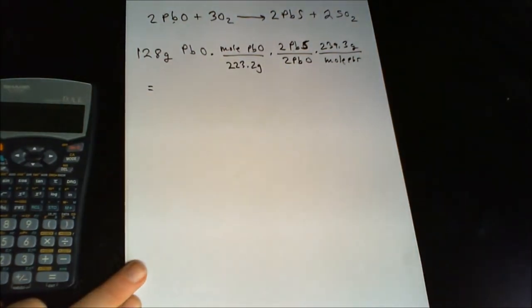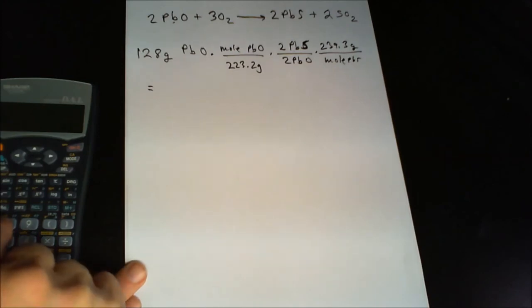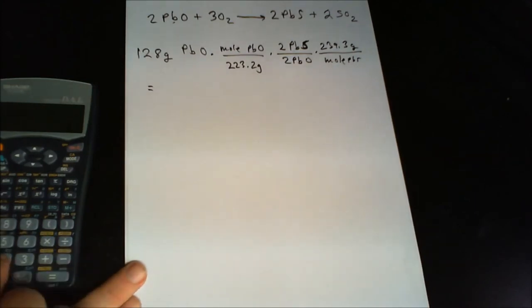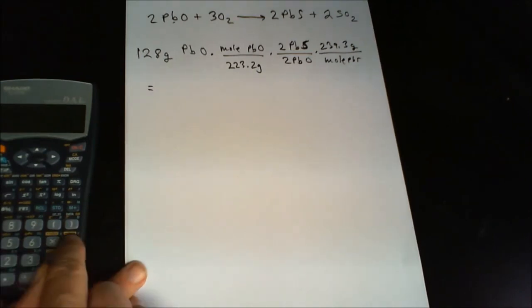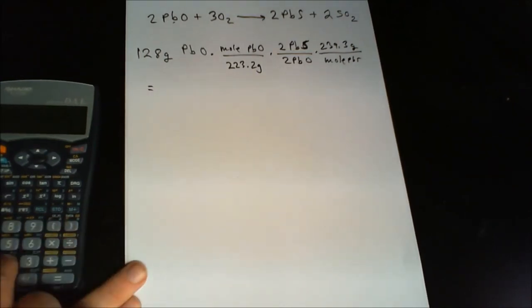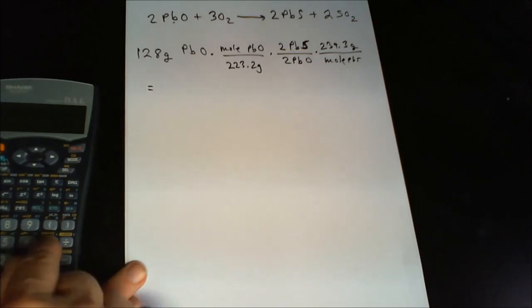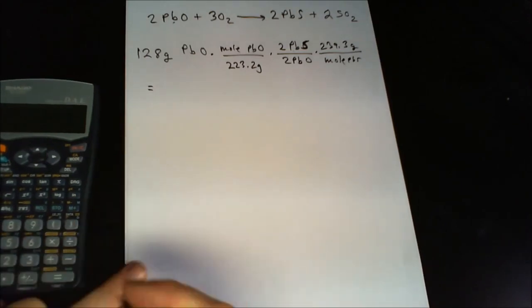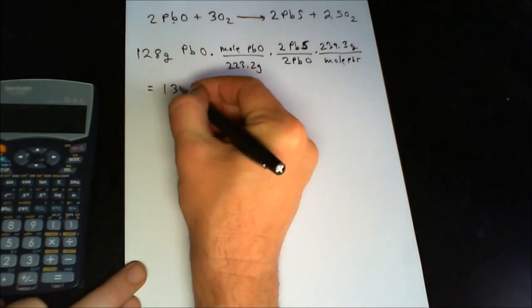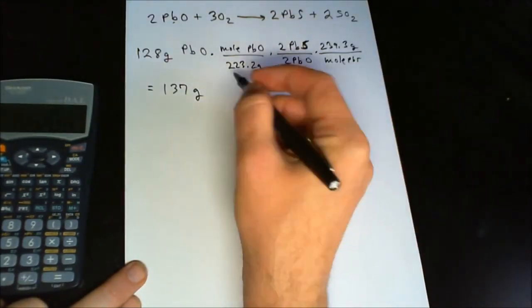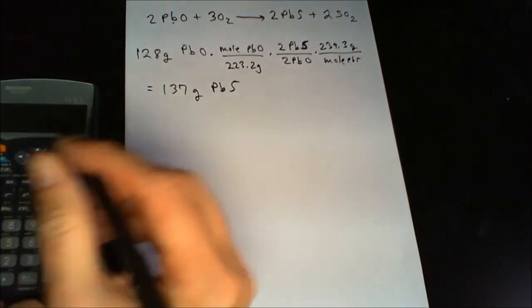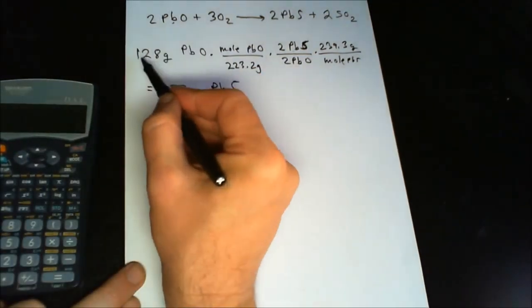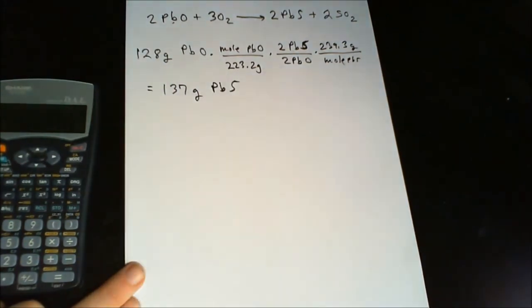And we just need to put it in our calculator, and so I get 128 times 2 times 239.3 divided by parentheses 223.2 times 2 close parentheses, and I get 137 grams lead sulfide. And that's how many grams of lead sulfide you need to produce 128 grams of lead oxide.